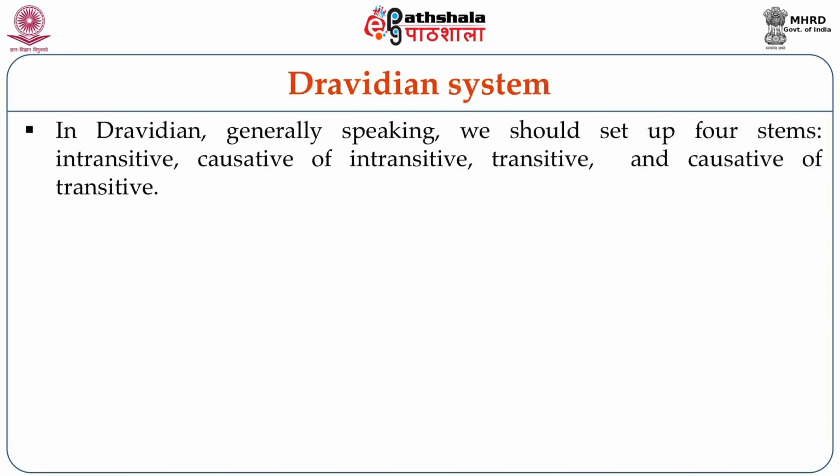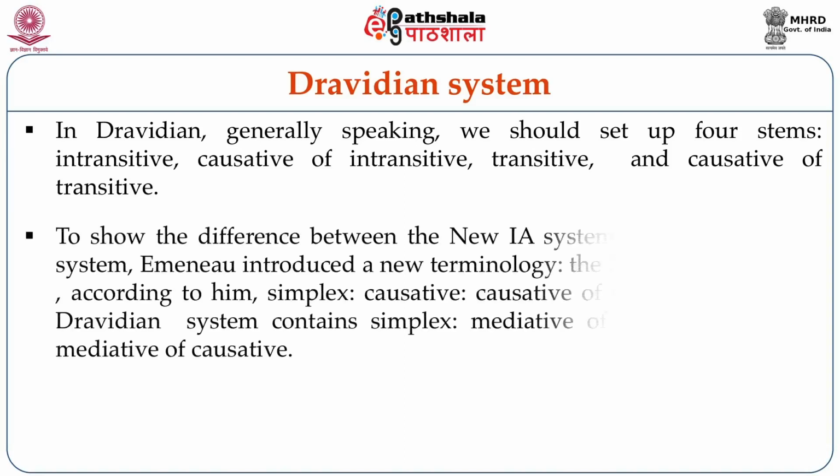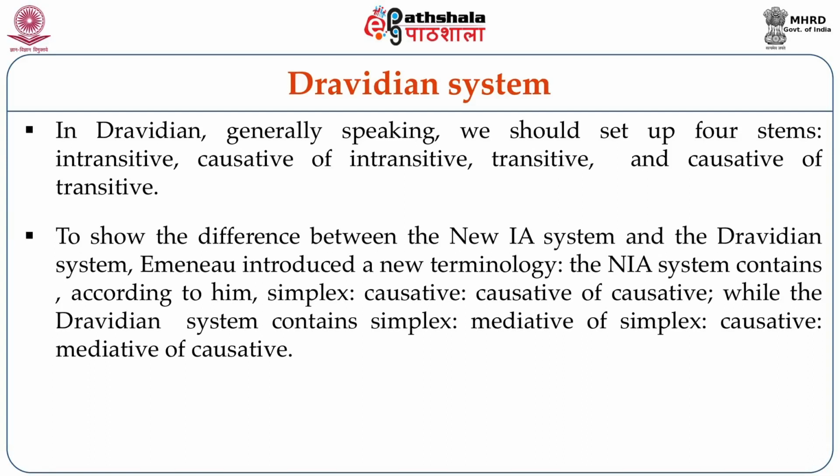In Dravidian, generally speaking, we should set up four stems: intransitive, causative of intransitive, transitive and causative of transitive. To show the difference between the new Indo-Aryan system and the Dravidian system, MNO introduced a new terminology.